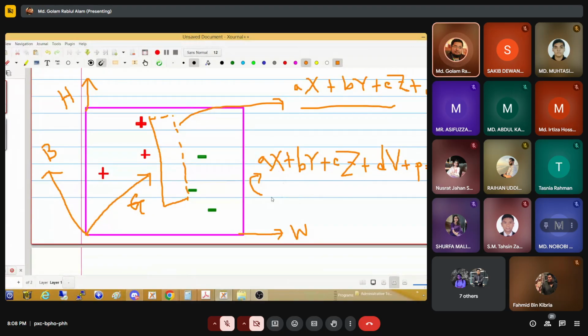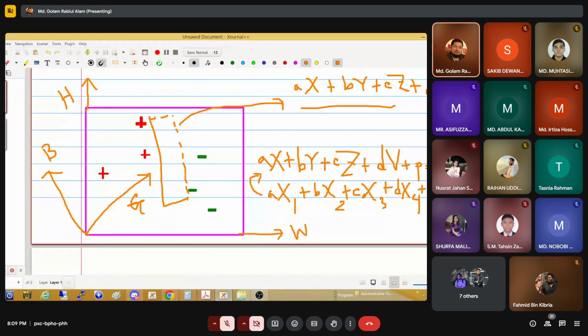Instead, we can write the same thing: instead of x, we say x1 plus; instead of y, x2; instead of z, x3; and then x4, and then the constant b equals 0.